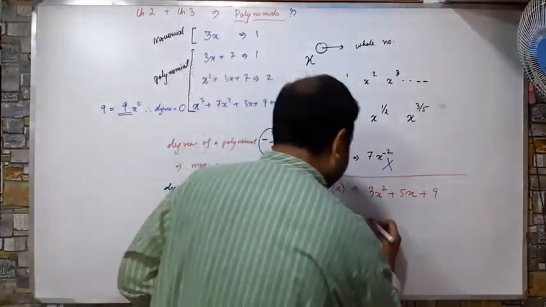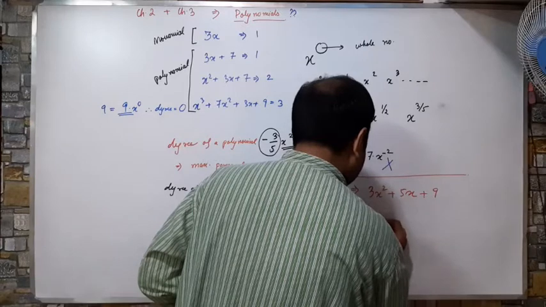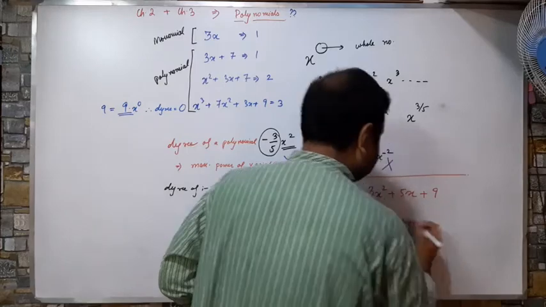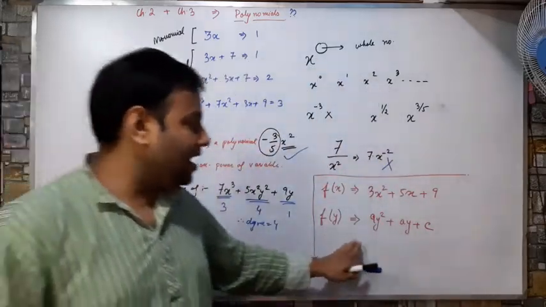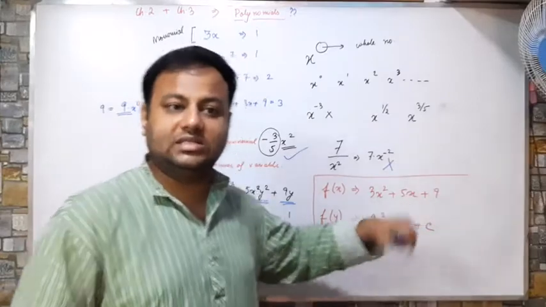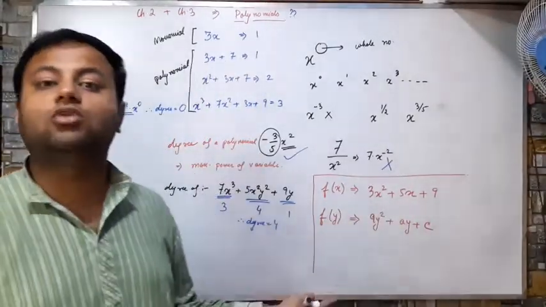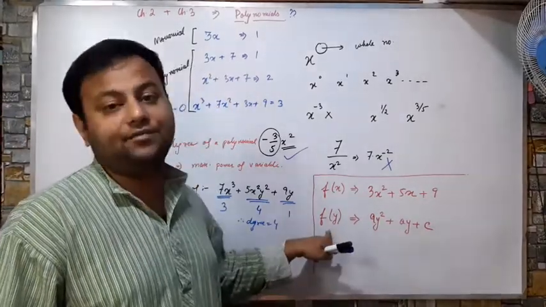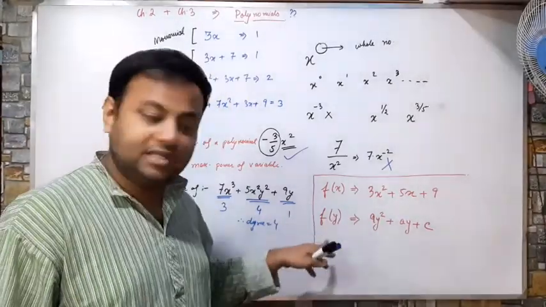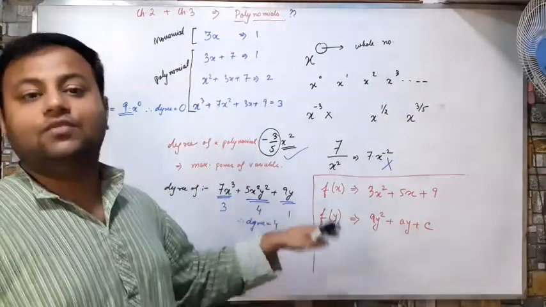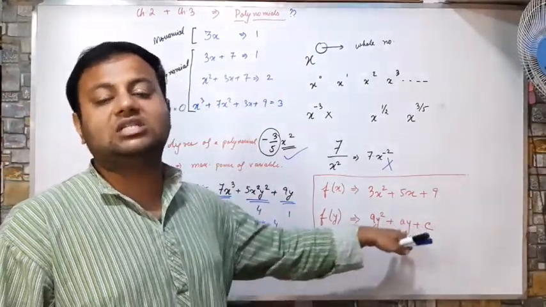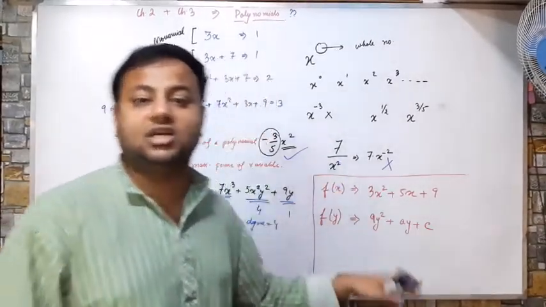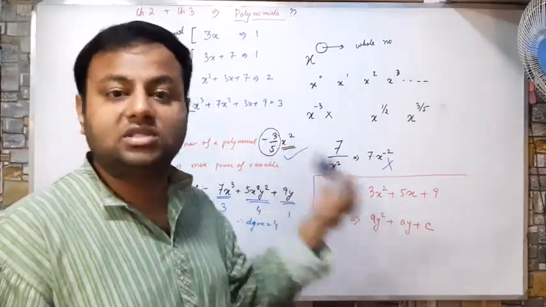So suppose I am writing here 9y square plus ay plus c. Here a and c are also variables, but I will not consider them as variable. Why? Because in the beginning I have told that f of y, that is a function of y, represents only y can be considered as a variable term, and any other digits occurring in the question, they are not variables, they are constants.